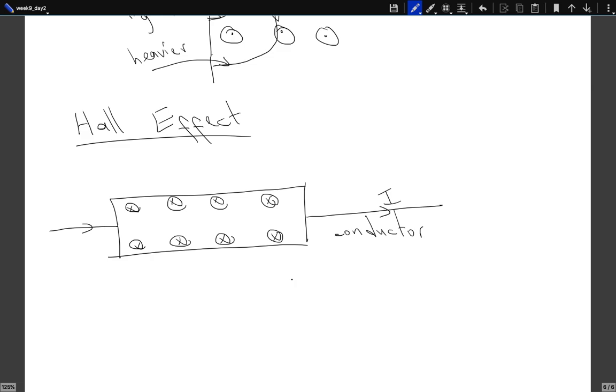So this is our setup. Now let's say that this is just an ordinary metal. So the charge carriers are electrons. Now the electrons, since the current is running in that direction, what is the direction of the motion of the electrons on the average? The opposite direction. So the electrons are moving in this direction.